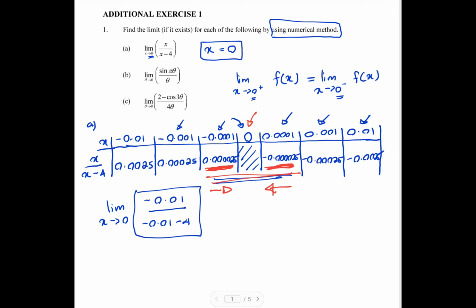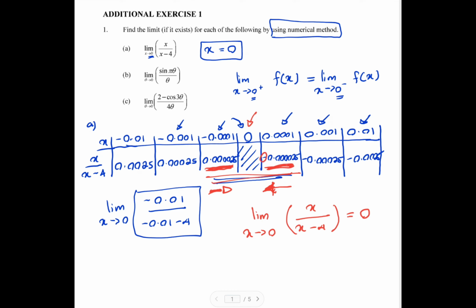So we can conclude that the limit as x approaches 0 for the function x divided by x minus 4 is equal to 0, since when x approaches from the left it is close to 0, and when x approaches from the right it is also close to 0, even though this value is negative.